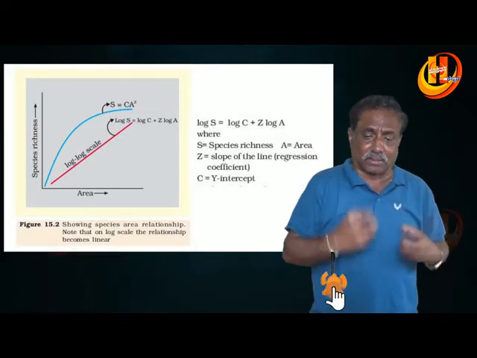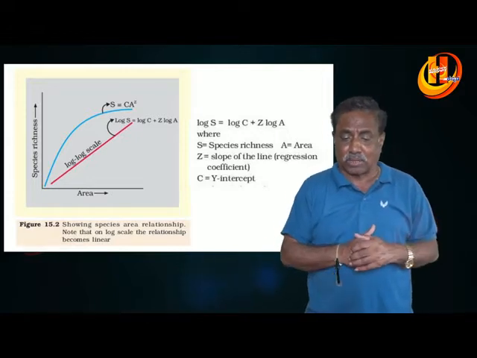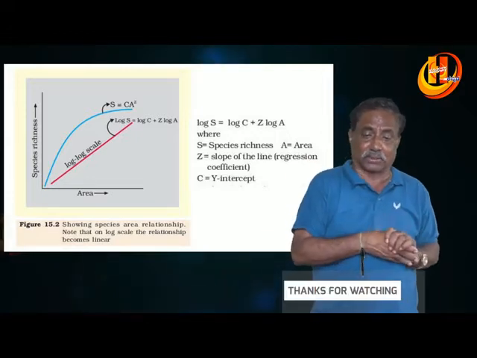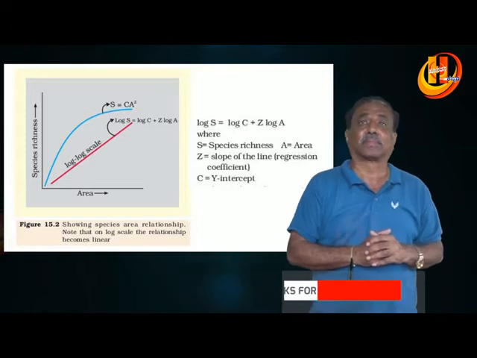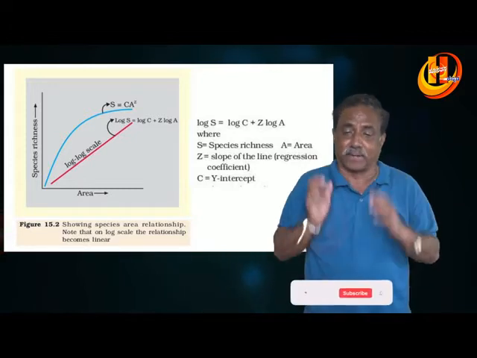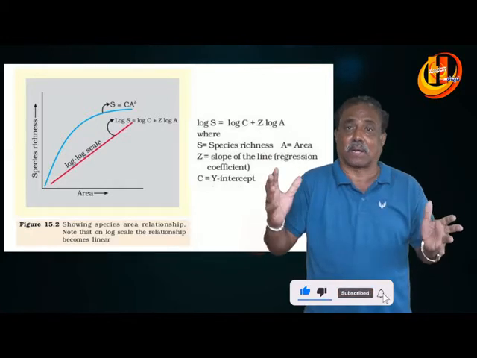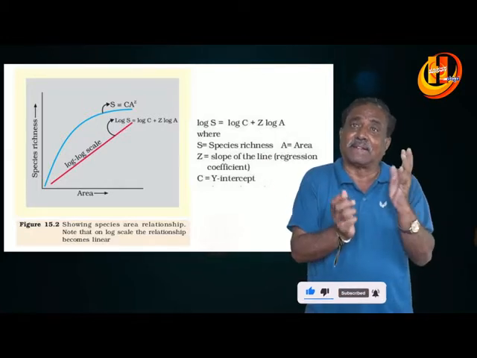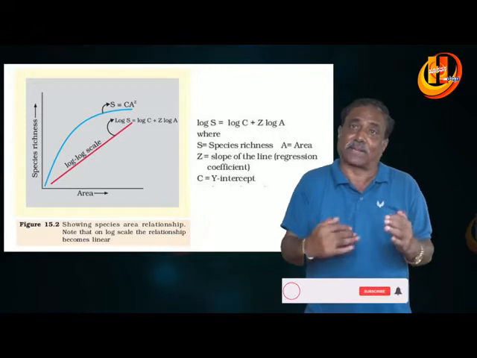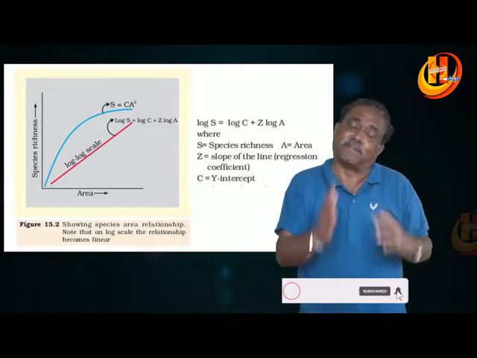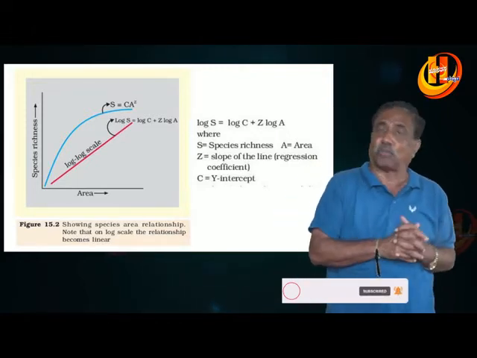And about frugivorous, that is fruit eating animals, in different continents, the slope is 1.15. This is also very important, so far not asked.